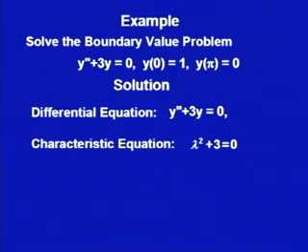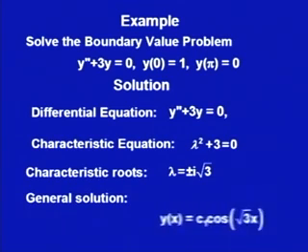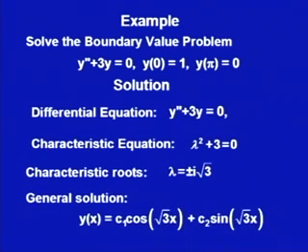Its roots are of course plus minus square root 3 i, that is, complex conjugate roots. So, in that case we know that our general solution will be of the form C1 cos square root 3 x plus C2 sin square root 3 x.